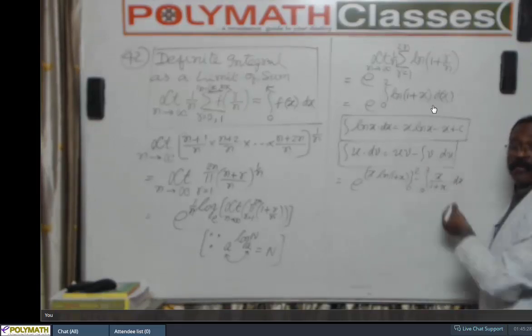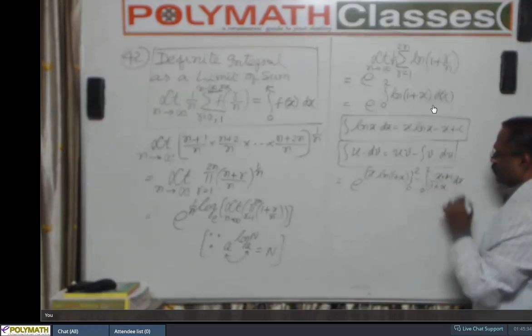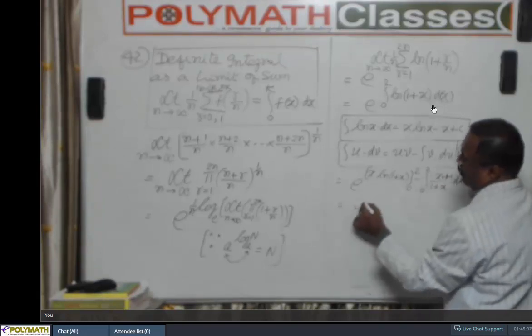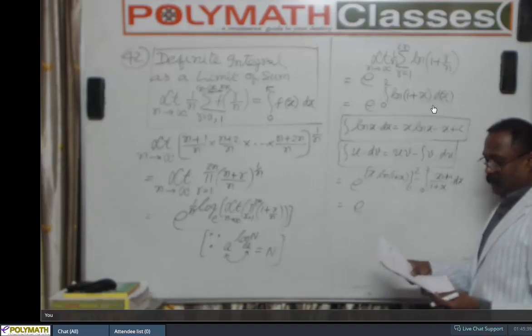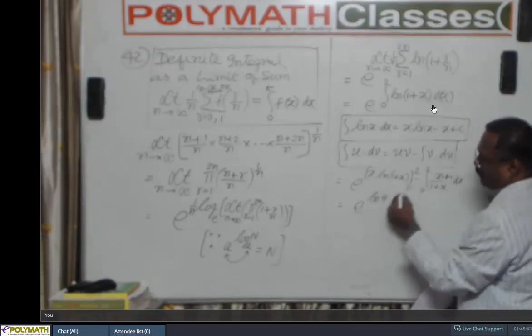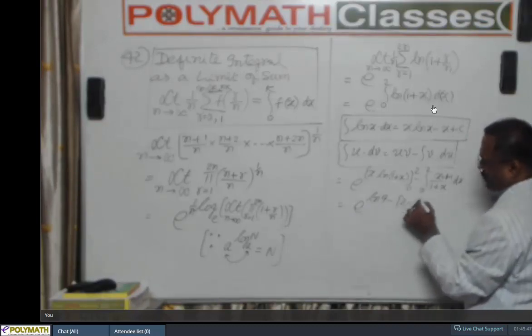And to solve this integral, add 1 and subtract 1. Thereby, you will be getting e power ln 9, this one, minus 2 minus ln 3.